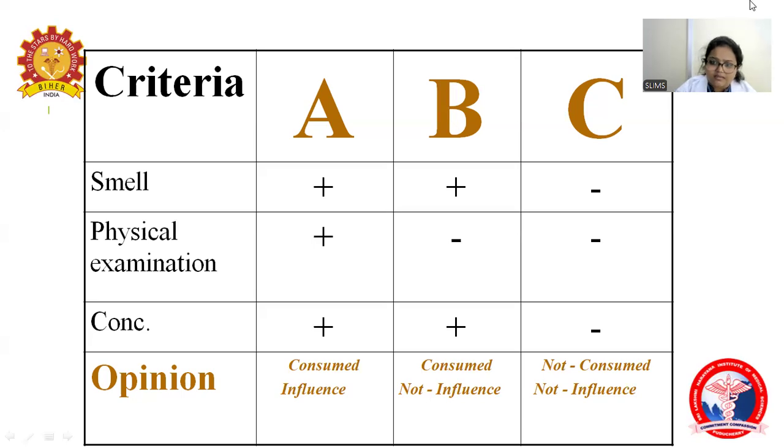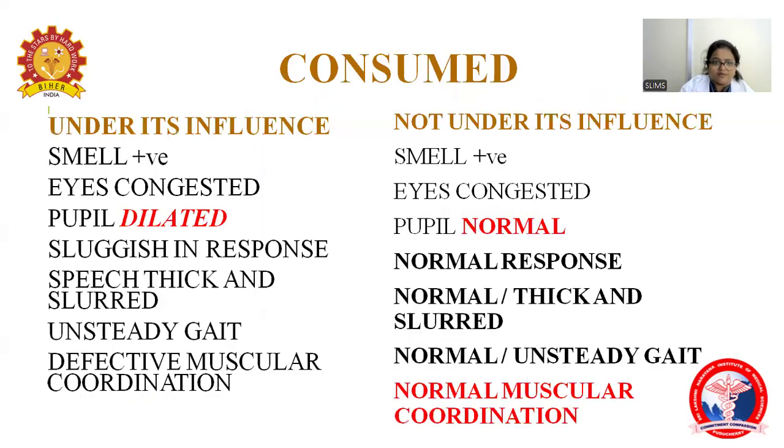In the other scenario, criteria C, there is no breath smell of alcohol, the general physical examination is normal, and the laboratory value is also negative. In such cases, the opinion can be given as the person has not consumed alcohol and is not under its influence.